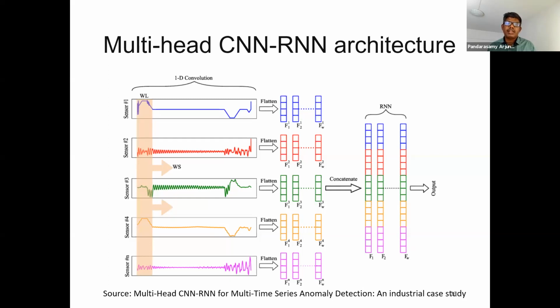Okay, so there are several advanced architectures, basically a combination of CNN and RNN, and a combination of CNN and variational auto-encoder methods. Even some more advanced methods use a network architecture called GAN, generative adversarial networks.